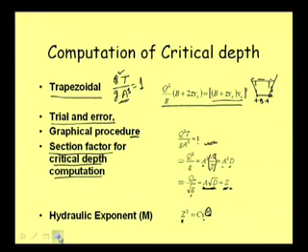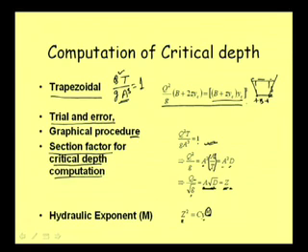Well, from this particular slide we could see the computation of critical depth, of course, for the expression we are getting for a trapezoidal channel. For this sort of channel we cannot get the critical depth directly, and that is why we are talking about the graphical procedure or trial and error procedure.